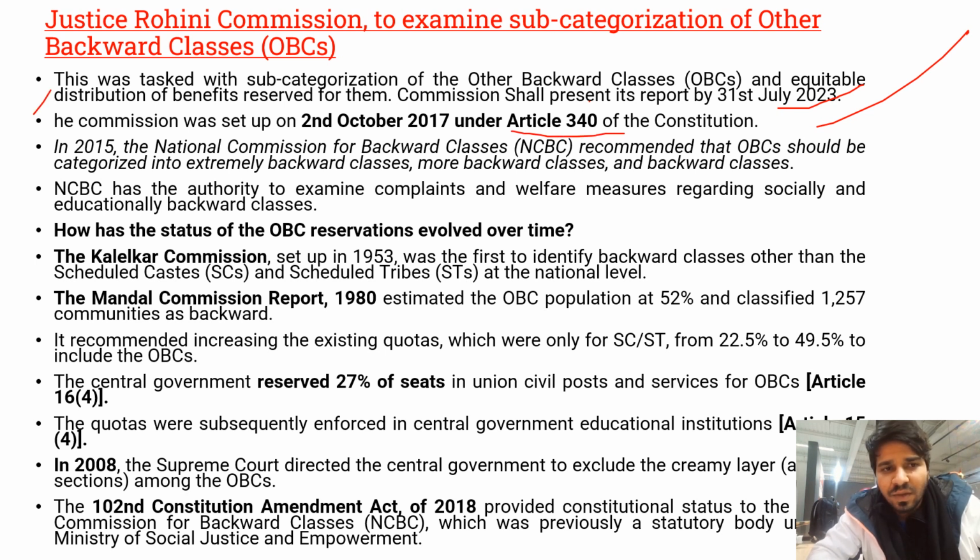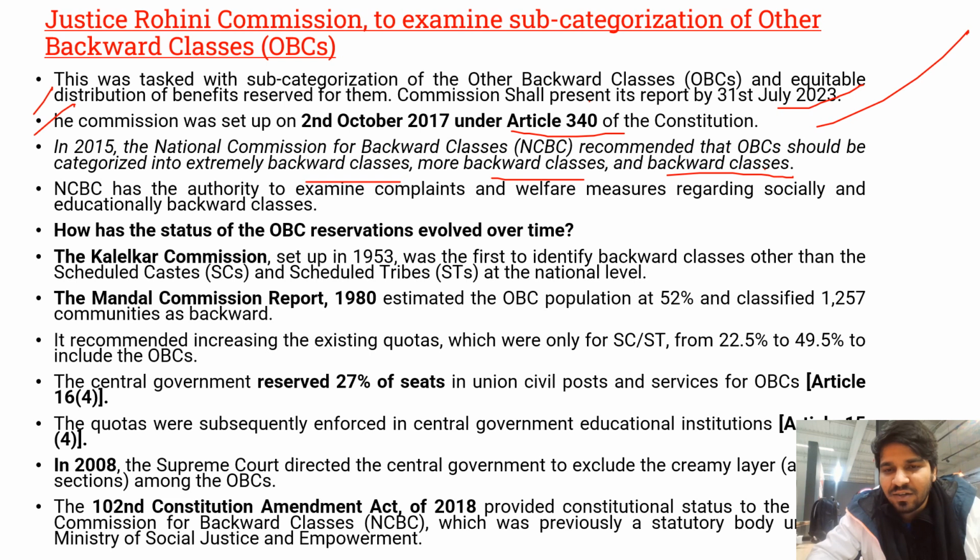Okay, very right. These articles we must read, we must understand. In 2015, the National Commission for Backward Classes recommended that OBCs should be categorized into extremely backward classes, more backward classes, and backward classes, right? This is how, 10% partial benefit, 10% no benefit, and 10% high benefit, the Justice Rohini Commission has categorized.